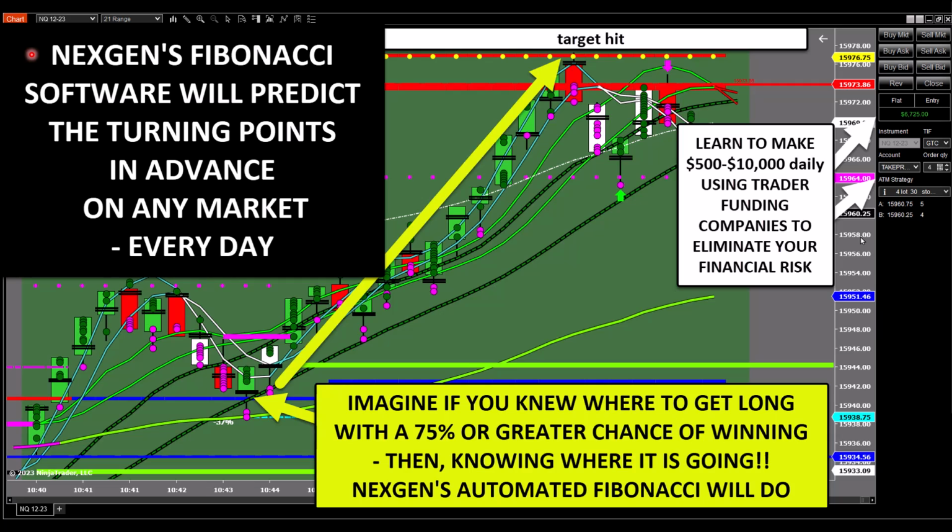When you see our Fibonacci support hold, it's going to go to the resistance most of the time. And this is really what you're getting from us as far as analysis, where the market's going to stop, where the market's going to go. And if you know those two things, and you're right 75% of the time or more, the ability to make a bunch of money is going to be there.